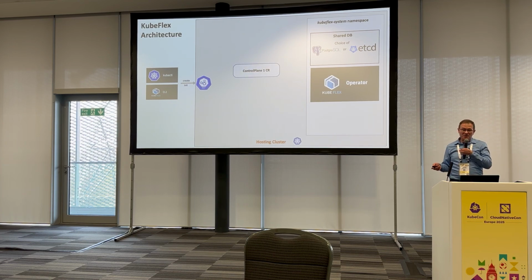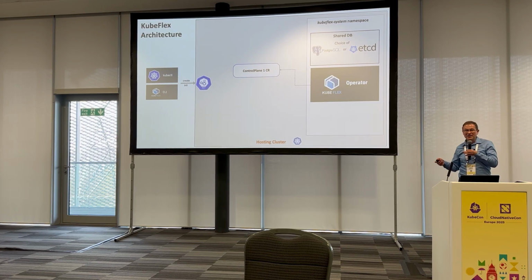And suppose that now we use kubectl apply. This is a custom resource like anything else. So we can just create an instance of this custom resource and then apply that, or we can just use the KubeFlex CLI, right? And that essentially applies this control plane CR.